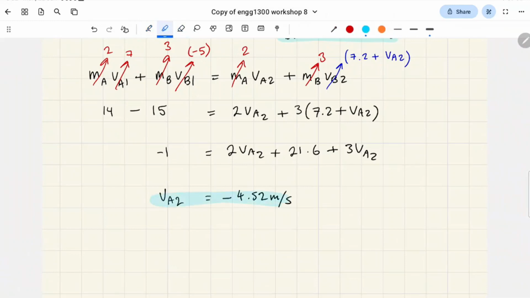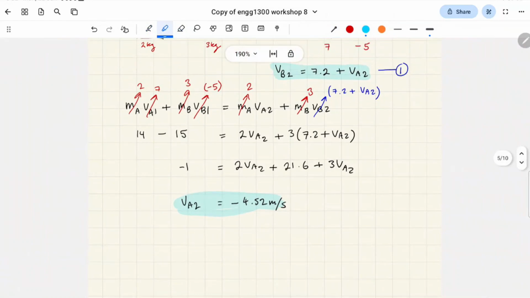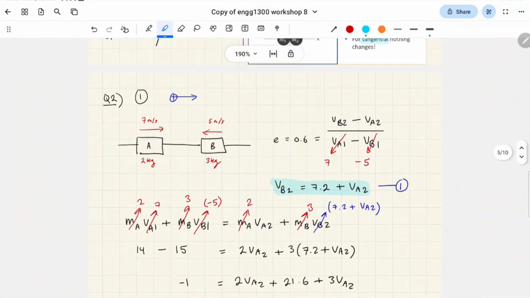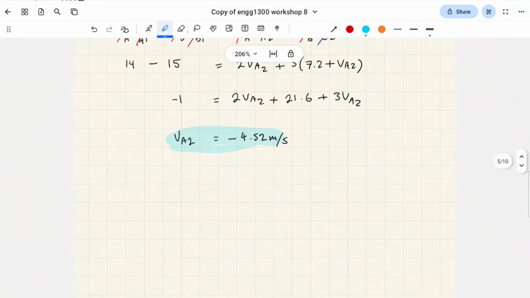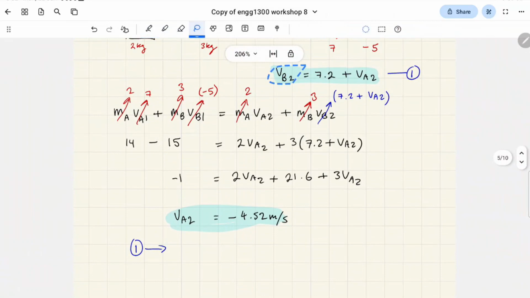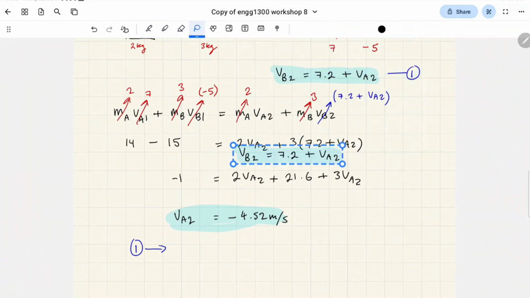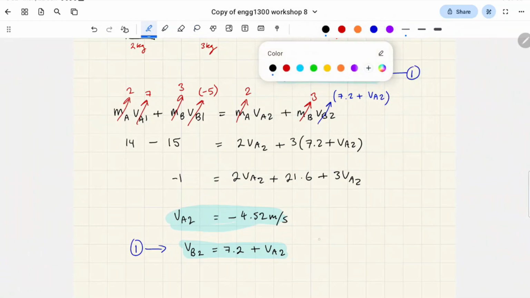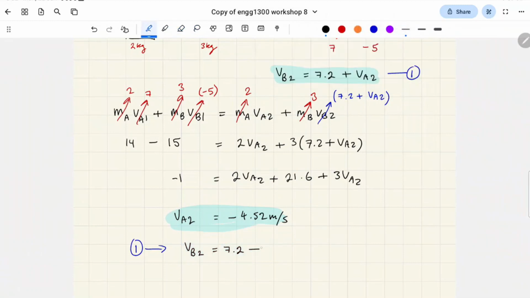And we can do a sanity check. We have a negative number for VA2, which makes sense because after collision, object A should be going to the left, right? We plug that into the simultaneous equation, which is this pretty much, right? So we change VA2. And that's our VA2 and VB2, right?